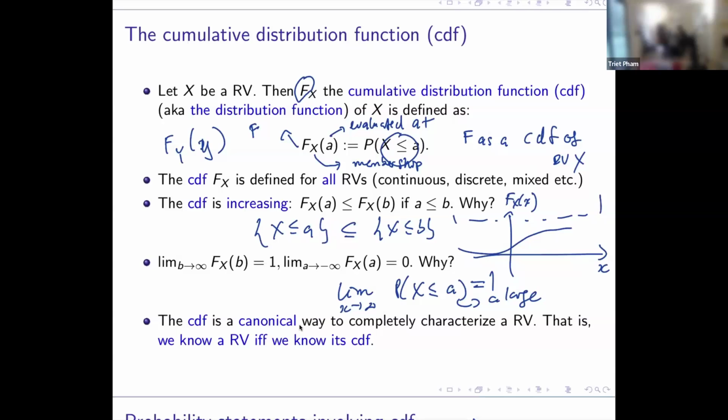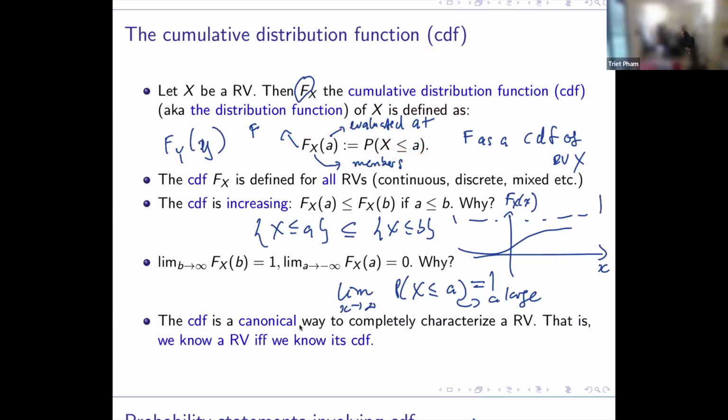We'll see that later. A CDF is basically just the probability that the random variable lies to the left of a, but including a. This equality is important, and that's the definition.